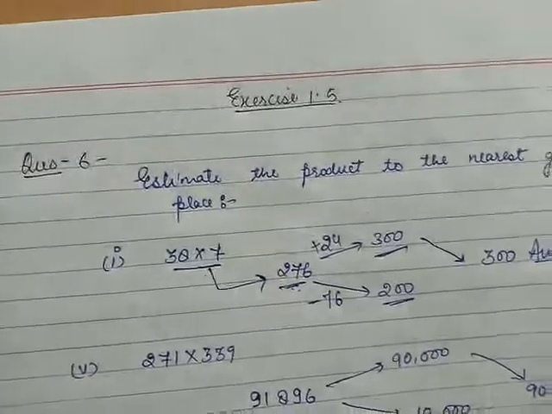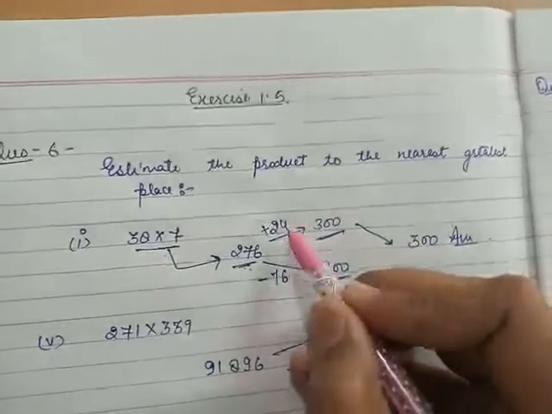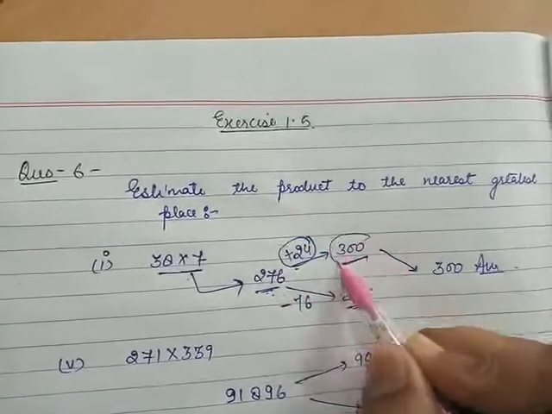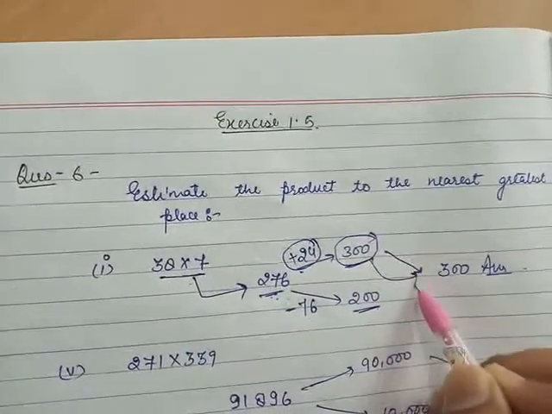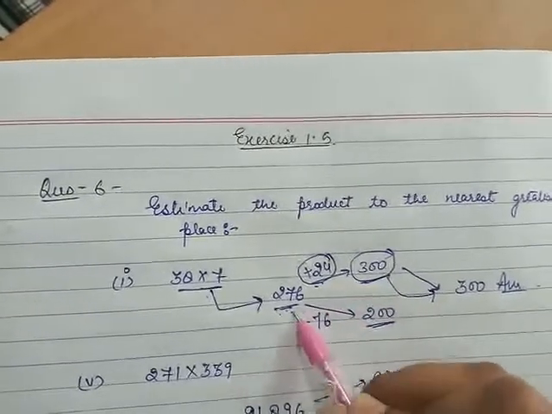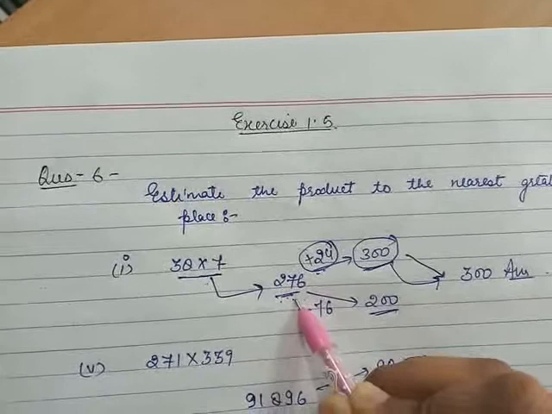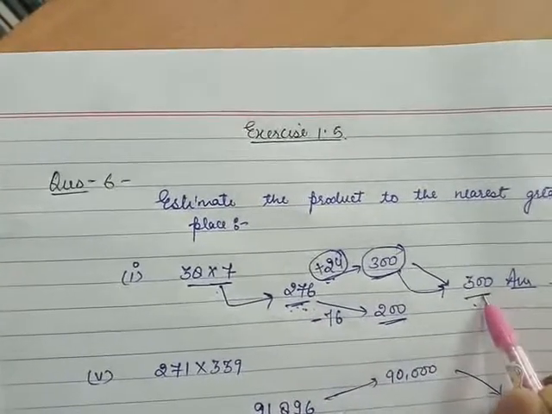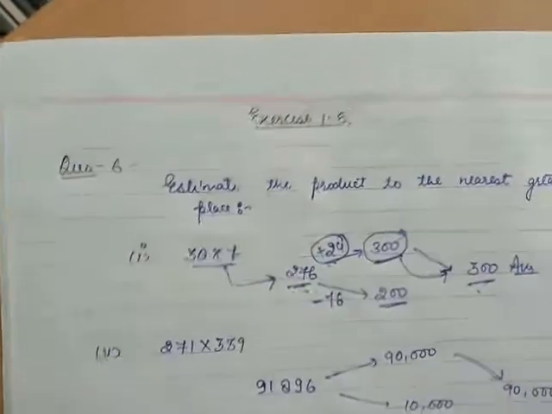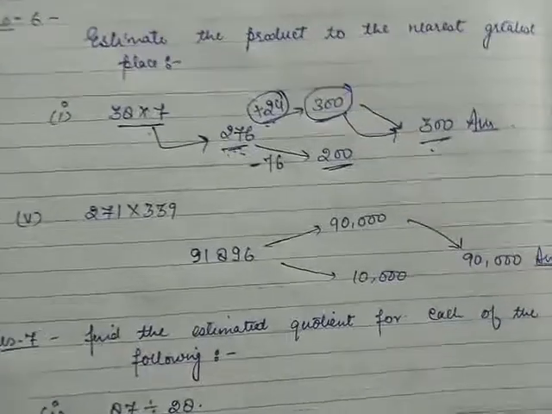So we give priority to the smallest number, and we will conclude this as our answer, because the smallest number which should be added to the result gives the nearest greatest place of our answer.